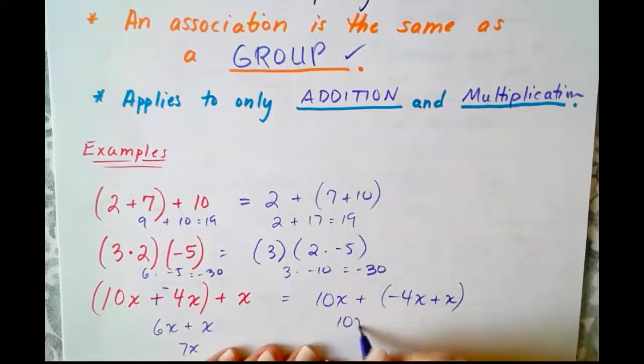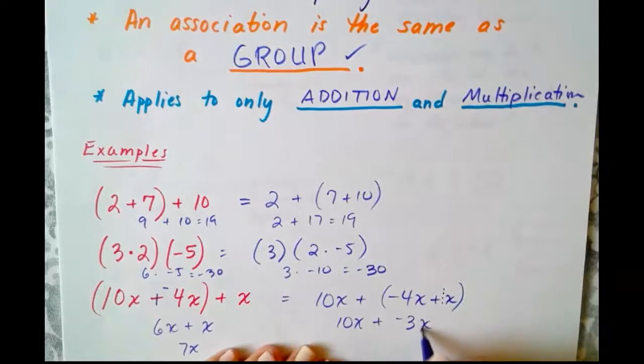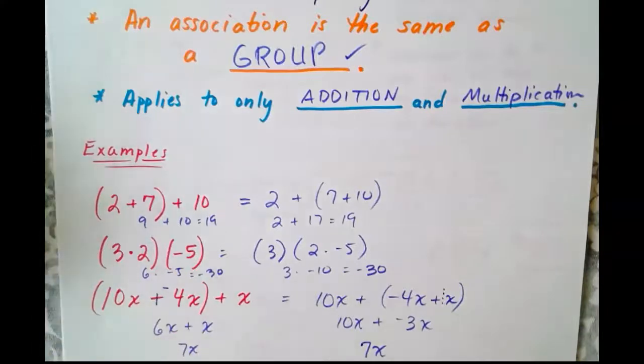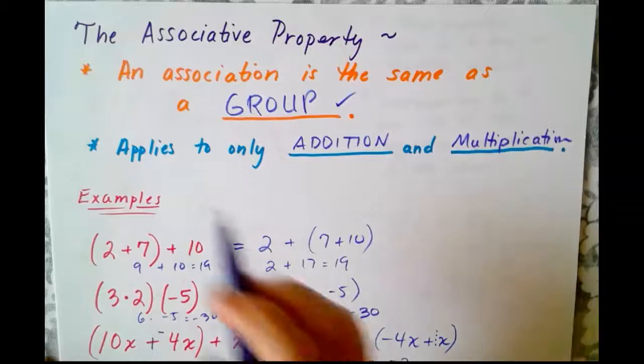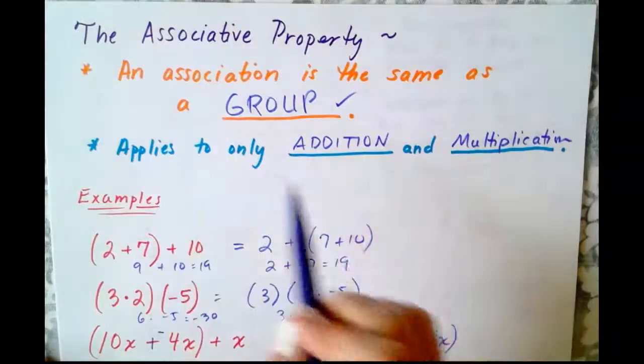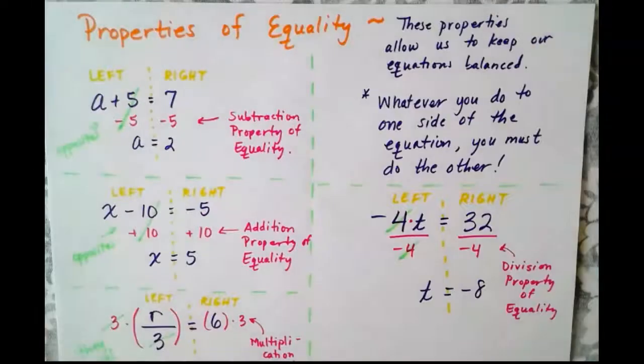So this would be 10x plus negative 4x plus 1x. Remember there's a 1 in front of that x. That would be negative 3x. 10 plus negative 3 would still be 7x. The sum remains the same if I change the groupings. So the associative property applies to addition and multiplication.